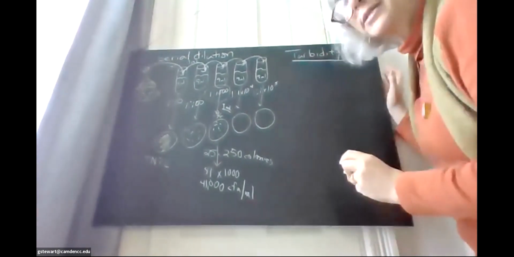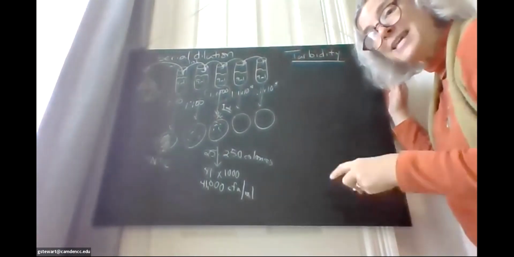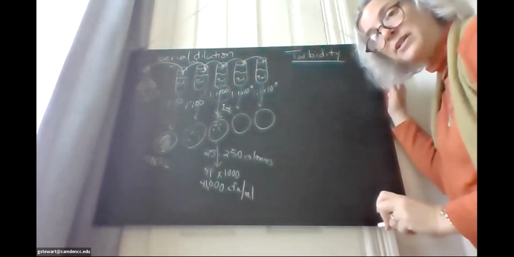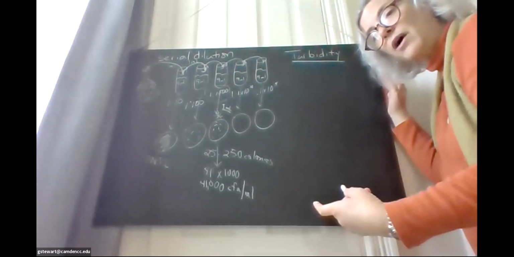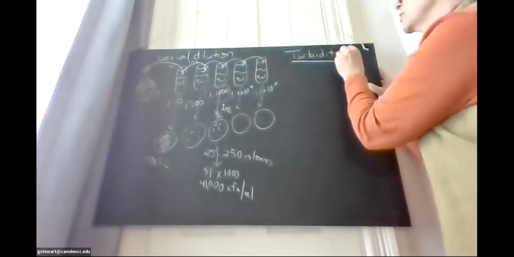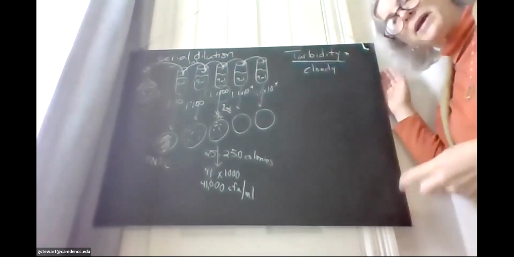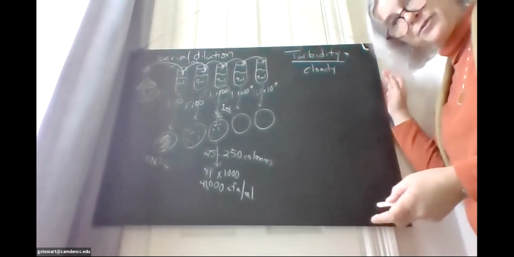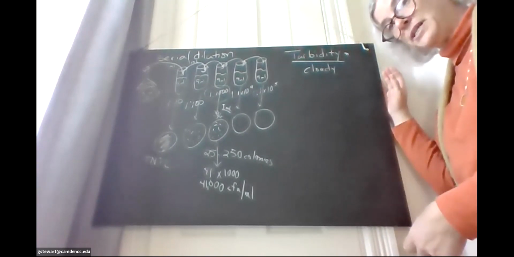This is an approximate method, but it is a really good approximate method because it is based on hundreds of these that have been done with a particular bacteria to form a reference chart that you can use to look up a really good approximation. Remember, turbidity is how cloudy is your solution. Cloudy indicates there's bacterial growth in the solution, and we can use this device called a spectrophotometer that can actually quantitate the cloudiness or the turbidity.